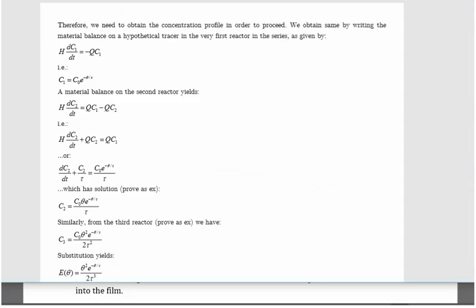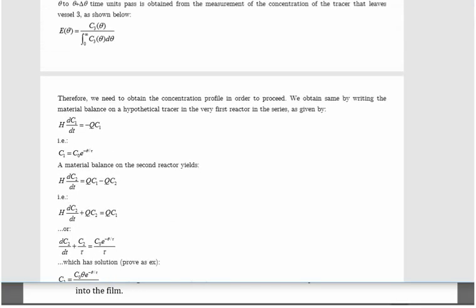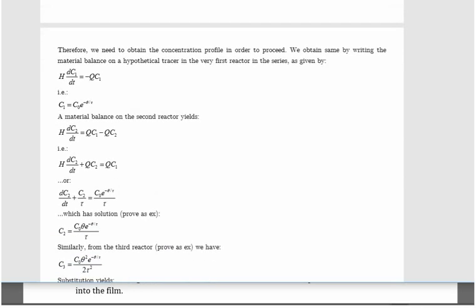Okay, so this is what's in your class notes, and you can see here that's the balance on the first tank, and here I'm using H instead of a V. So C1, there's a Q, so that's all the same. Here I am using theta instead of t, but that's fine. So that's the concentration from the first tank. And then in terms of the second tank, it's the same balance as we've just seen.